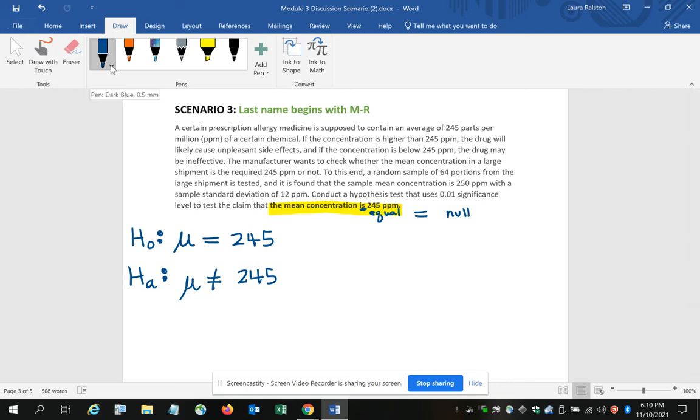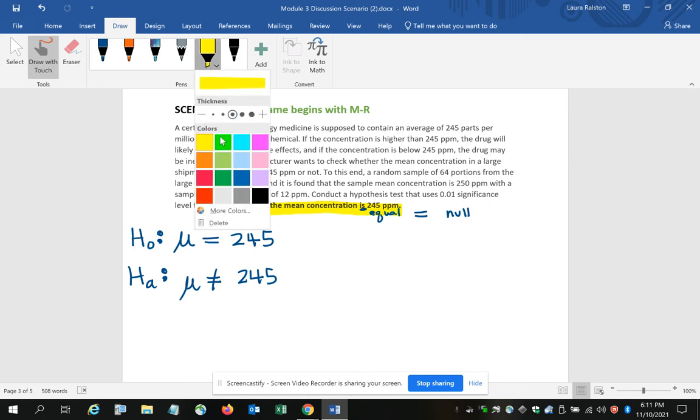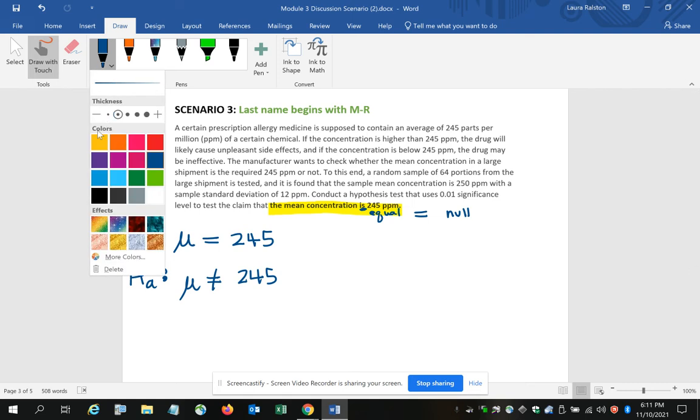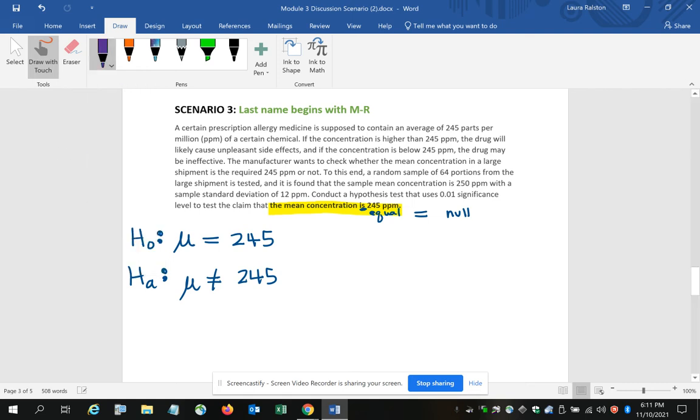I then need to decide which test I should conduct. That is determined by whether or not I have the population standard deviation or the sample standard deviation. So if I scan back through this, near the end of the paragraph, I have the sample standard deviation of 12 parts per million.